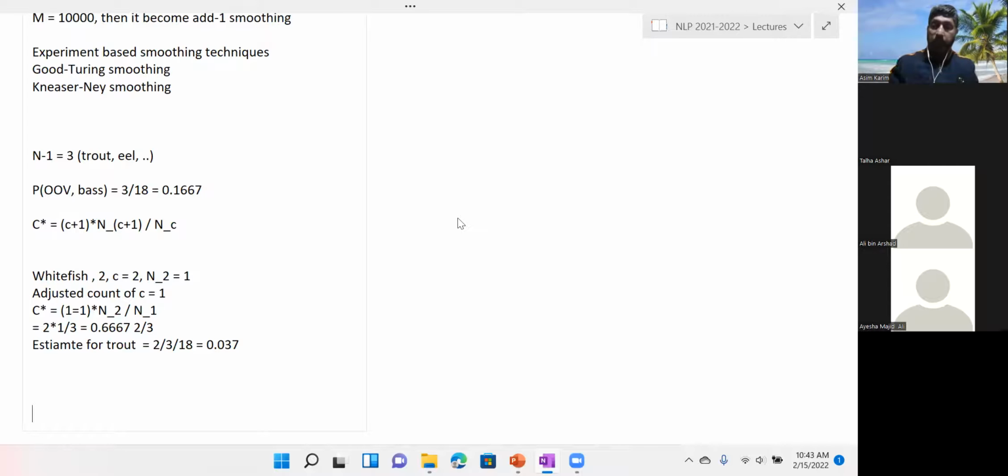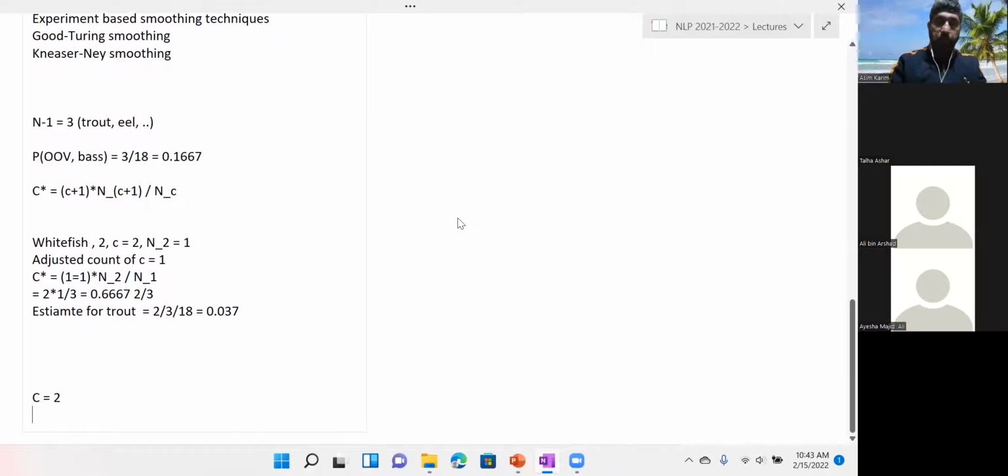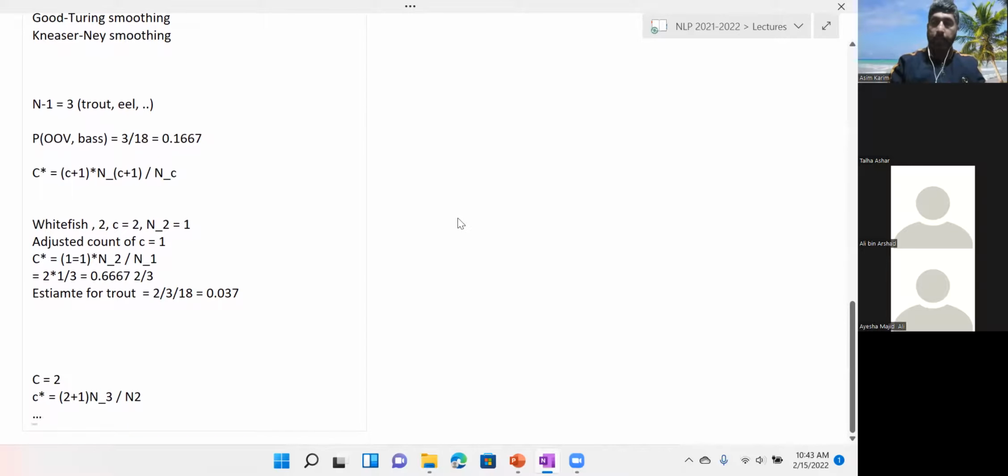So again, the mass transfer is very little as opposed to, let's say, add-one smoothing. Okay? And you can continue in this fashion. Similarly, if you want to find C star for C equal to 2, C star would then be 2 plus 1 into N3 divided by N2. And you continue in this fashion.